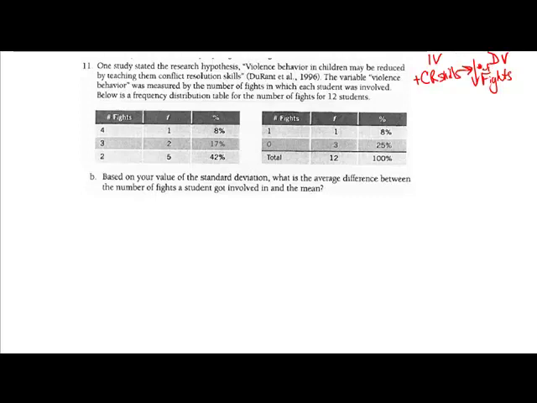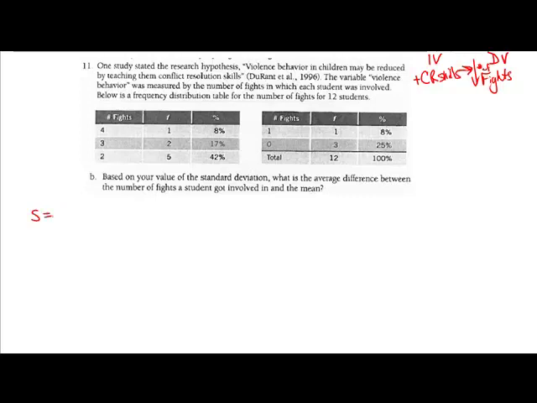I'm going to skip A, and let's just focus on B. Based on your value of the standard deviation, what is the average difference between the number of fights a student got involved in and the mean? So A was just asking us to compute the standard deviation, but I needed the space on the slide. So let's go ahead and do that for this variable.